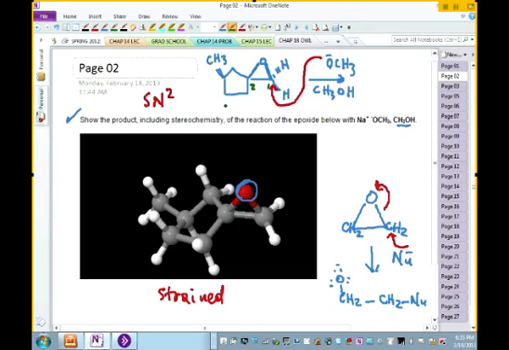SN2 is a nucleophilic substitution reaction, and it takes place preferably on a primary carbon or secondary carbon. In this case, this will be a tertiary carbon, so the SN2 will not come here. And that is why the product you are going to get will be here.